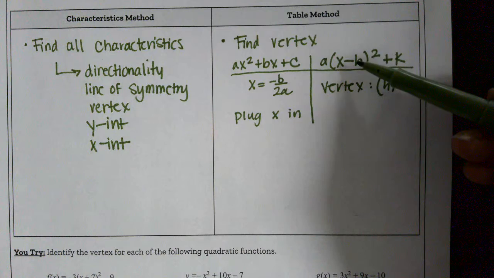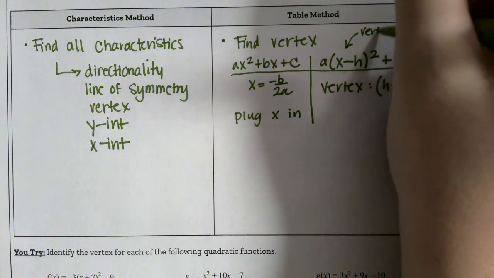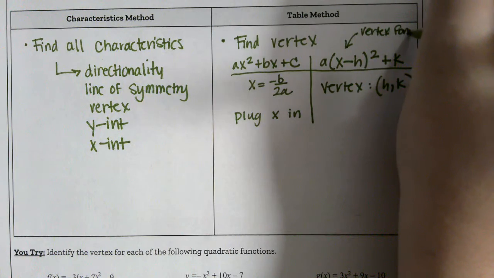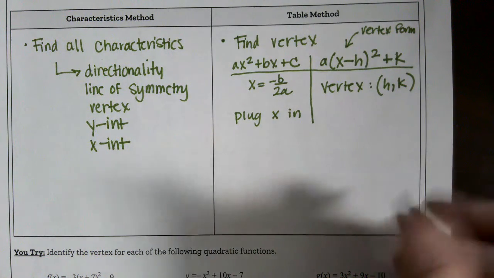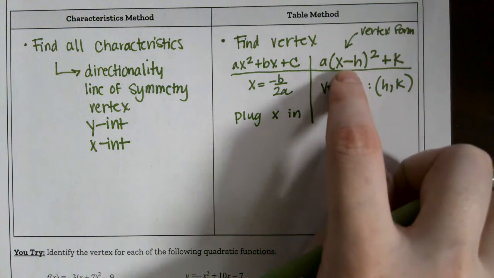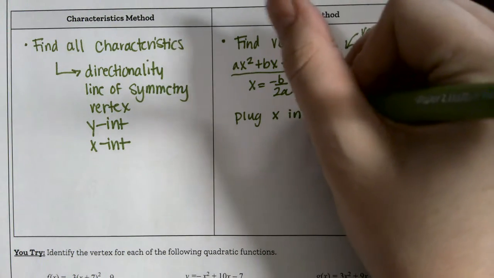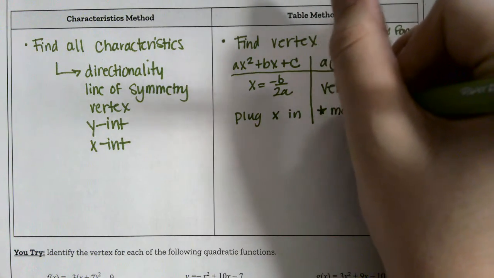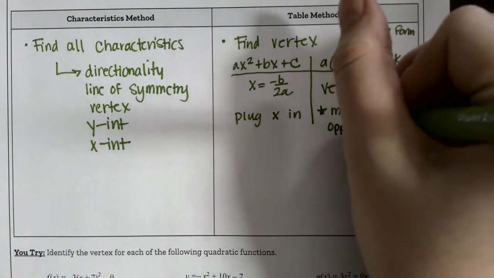And because the vertex is easily seen in the quadratic, this is actually called vertex form. The only thing that you really need to be careful about is that h is always the opposite of what it is in the function. So because of that minus sign, h is going to be the opposite, so we need to make h the opposite sign.